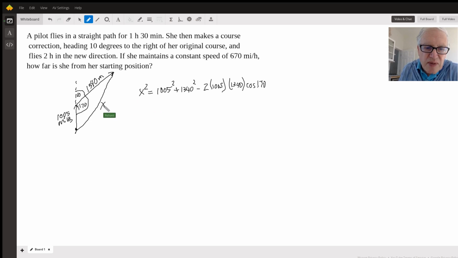This opposite side squared is equal to the square of this one plus the square of this one minus 2 times that one times the cosine of 170.